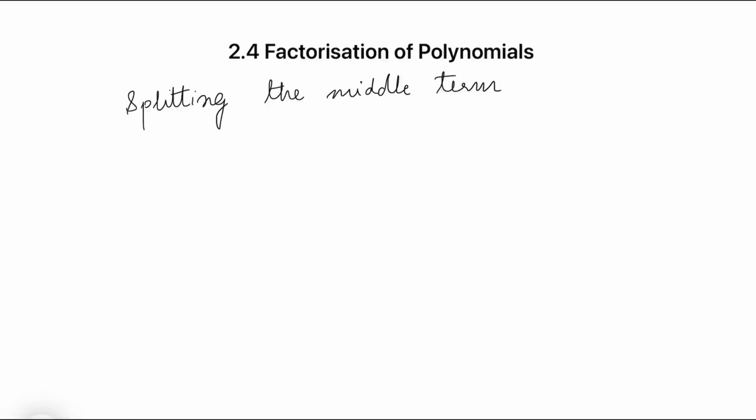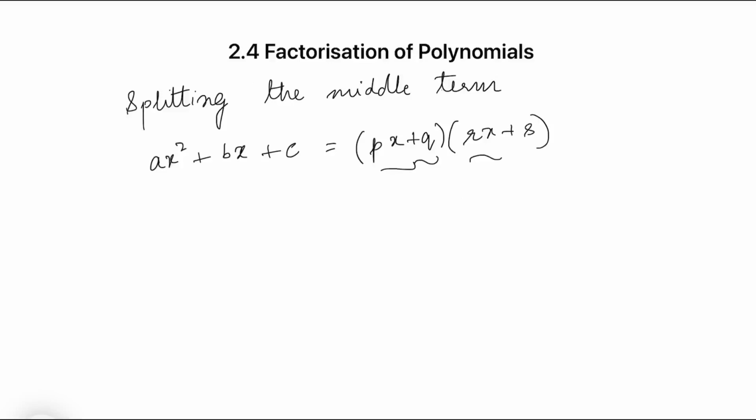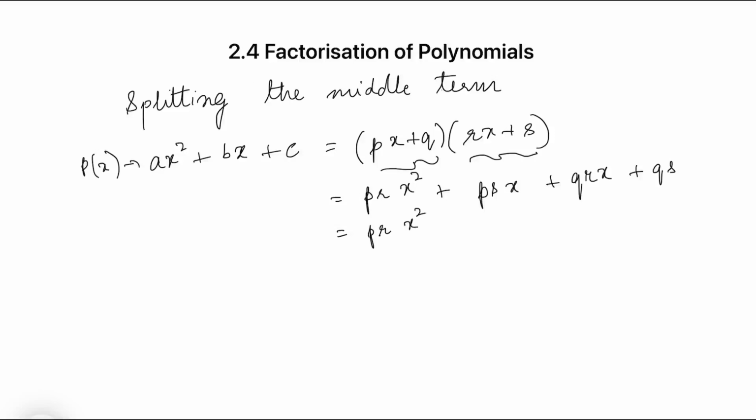Generally speaking, if the polynomial was denoted as ax squared plus bx plus c is equal to (px plus q) multiplied by (rx plus s), where these two terms are the factors of polynomial p of x, then when we multiply these two factors, we would get pr of x squared plus psx plus qrx plus qs, which can also be denoted as pr of x squared plus (ps plus qr) of x plus qs.